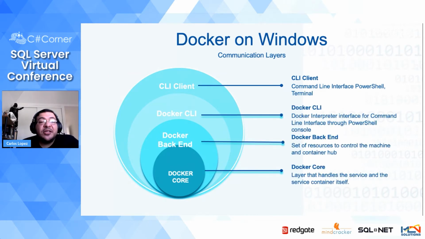Okay, so here are the layers that you had in common with Docker on Windows. You have the Docker CLI through PowerShell, going to the Docker core and the backend. That's how we're used to managing it. But now it's transparent, because you no longer need to interface through PowerShell.